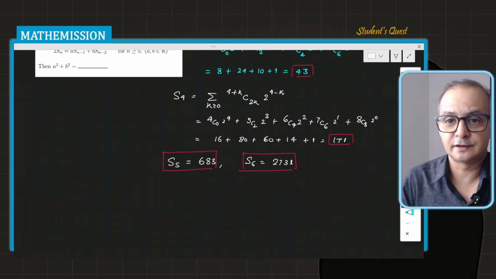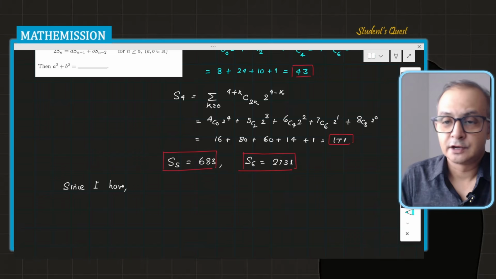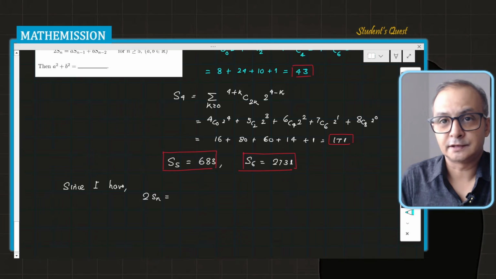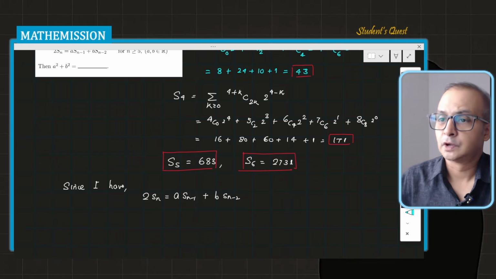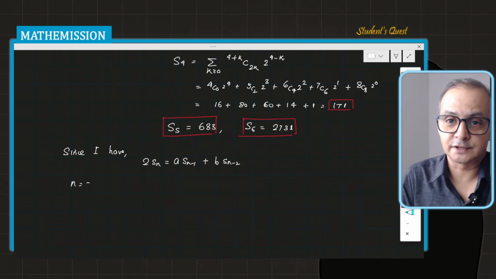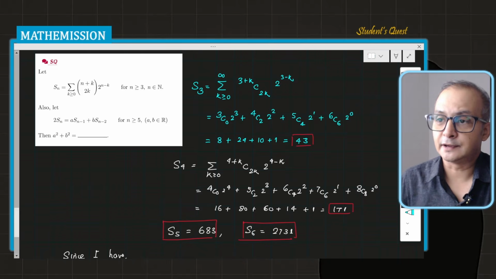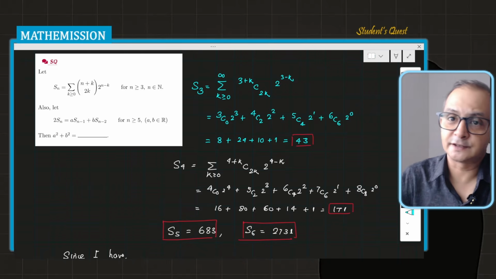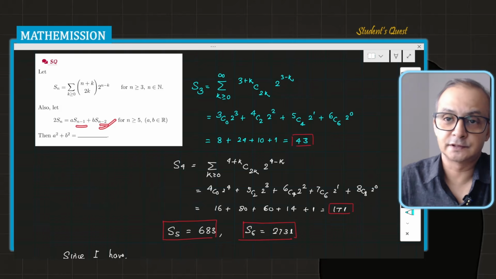Since I know there is a relation, 2Sn is equal to A times Sn minus 1 plus B times Sn minus 2, let's substitute the values. Suppose I substitute n is equal to 5, because it starts from 5. The equation then involves S4 and S3.